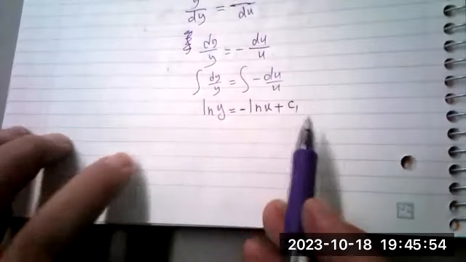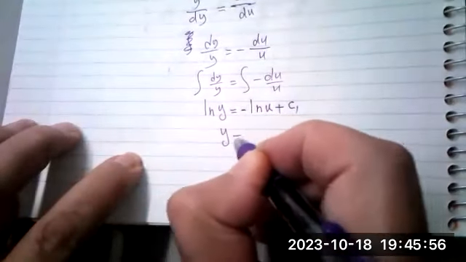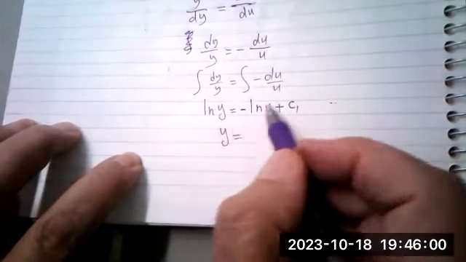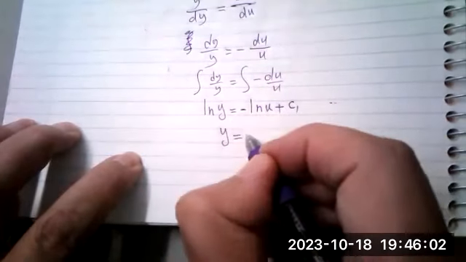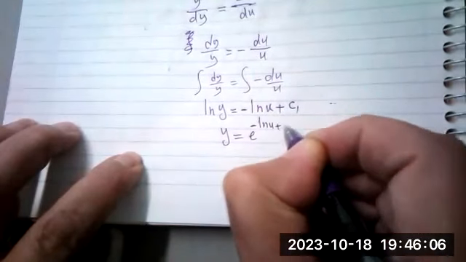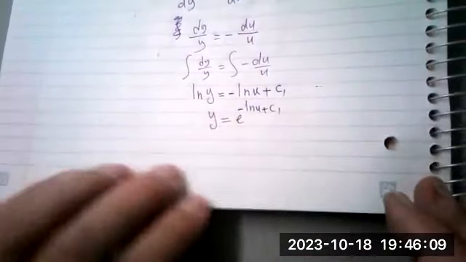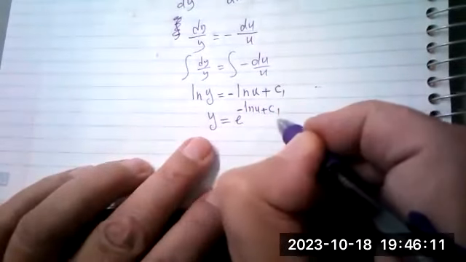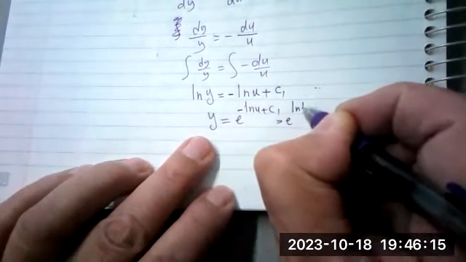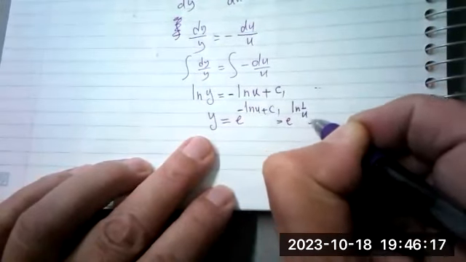If you want to solve for y as is, y would be e to the negative ln u plus c1. So you break it into e to the ln of 1 over u times e to the c1.